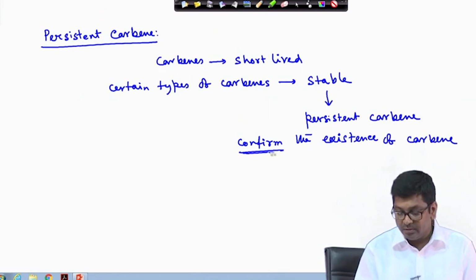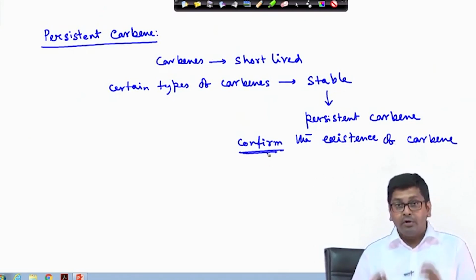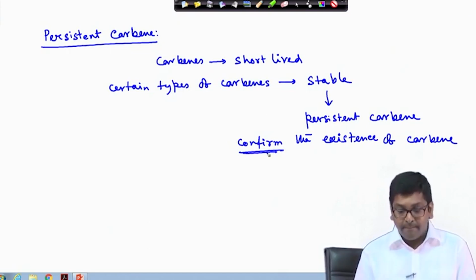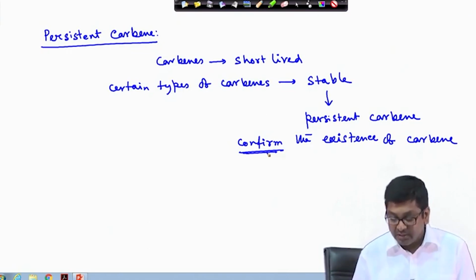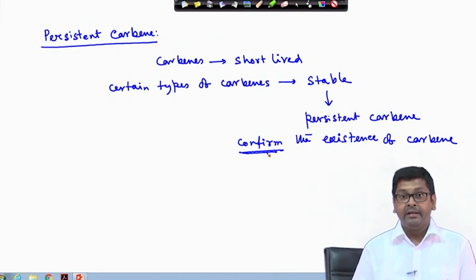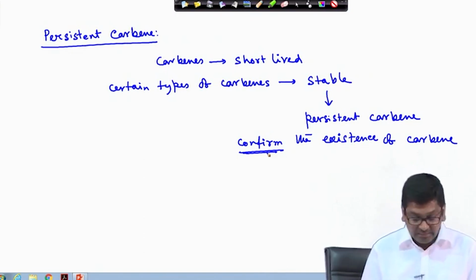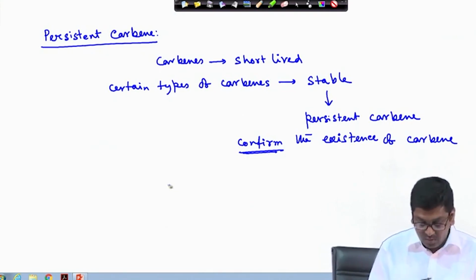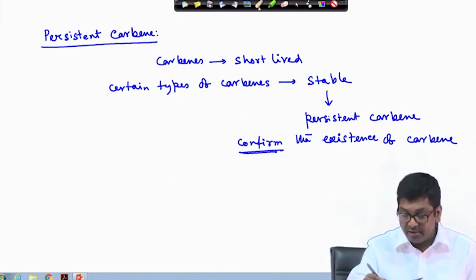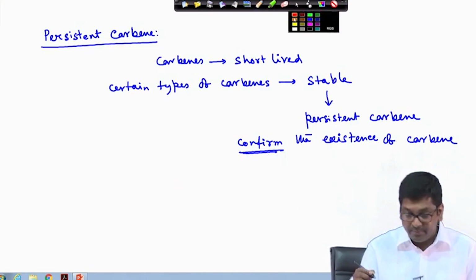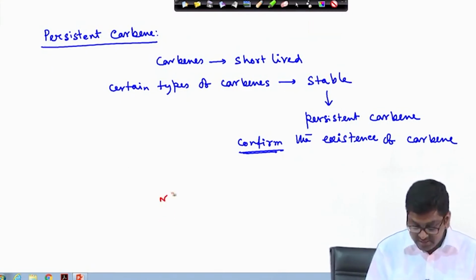Okay. So, even though it is short lived, due to the presence of certain types of stable carbenes, we can confirm that carbenes are forming. As per example, one of the very important examples in this regard is this.